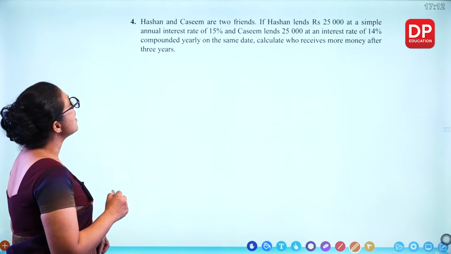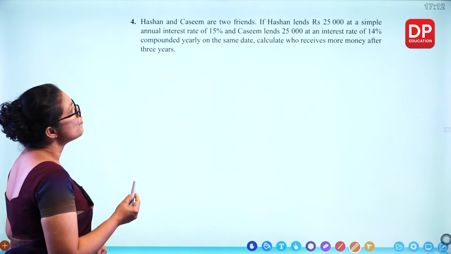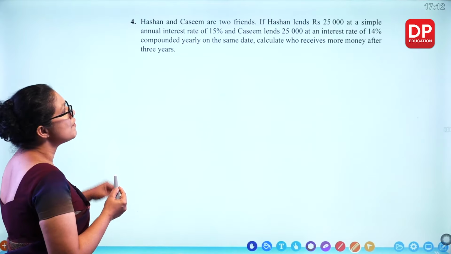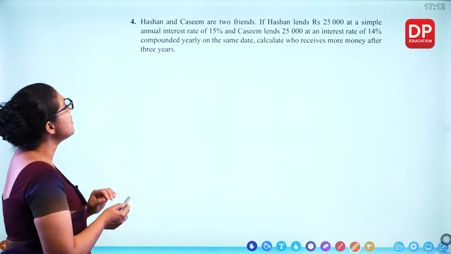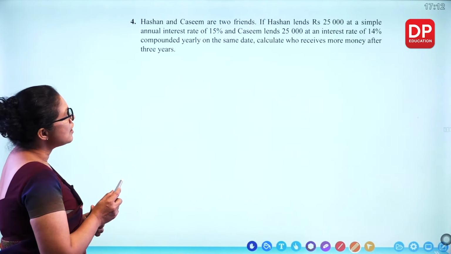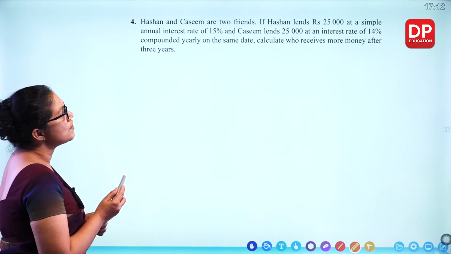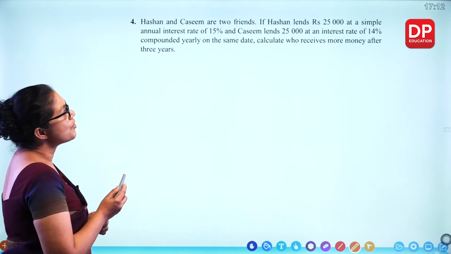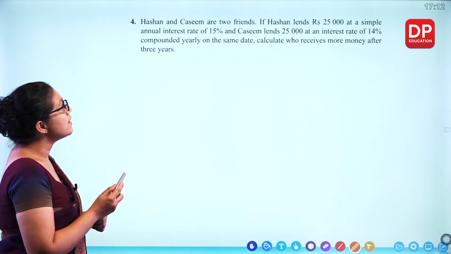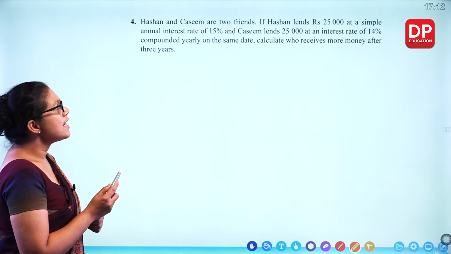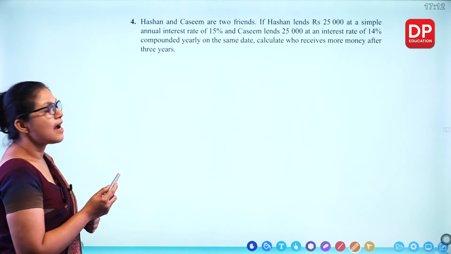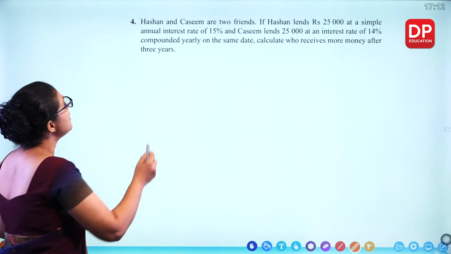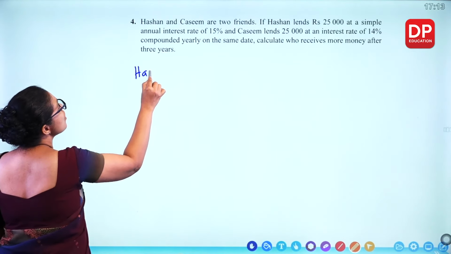Question number 4. Hashan and Kasim are two friends. If Hashan lends 25,000 at a simple annual rate of 15% and Kasim lends 25,000 at an interest rate of 14% compounded yearly on the same date, calculate who receives more money after 3 years. So we'll do this for Hashan.